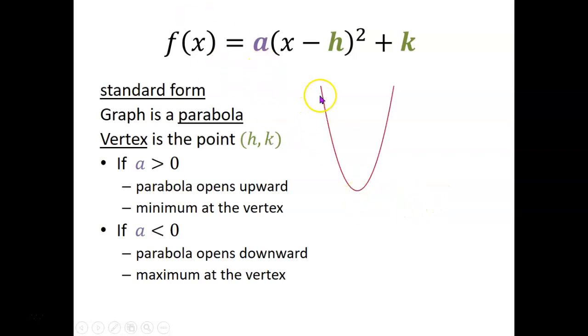If a is just 1, it would be the exact same shape as just plain old x squared. But if a is some other positive number, like 2 or 3 or 1/2, it would be stretched or squished. And if a is a negative number, then you get a parabola that opens downward, and then the maximum would be at the vertex. That would be the highest point on the graph.